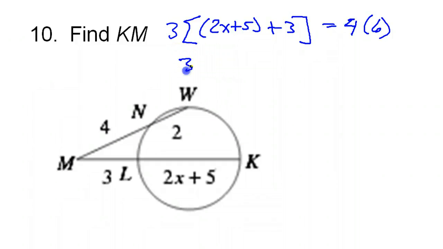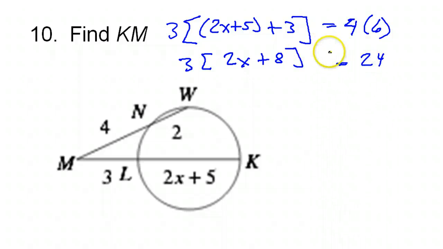So what am I going to have? Over here I've got 3, and then this is going to make 2x plus 8. I'm just combining these like terms here. And this is equal to 24. That's an equal sign, by the way. I could do the distributive property now if I wanted to.